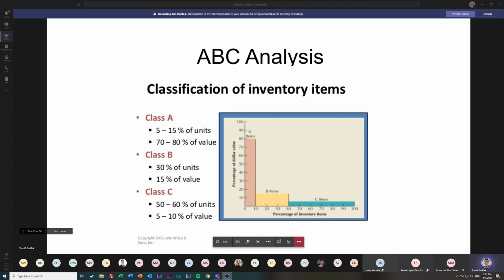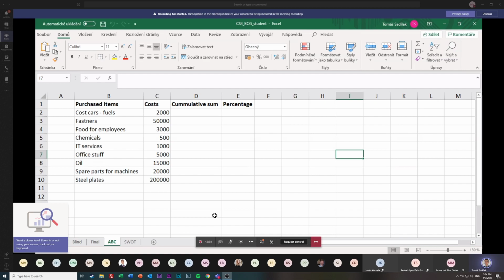So open them. And if you've opened them, you should see this table.